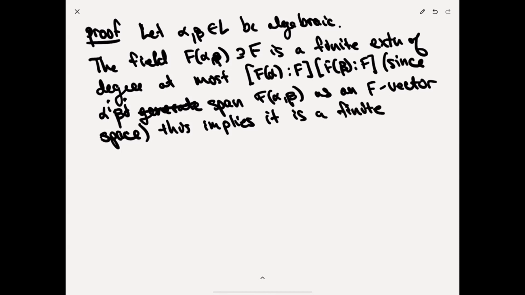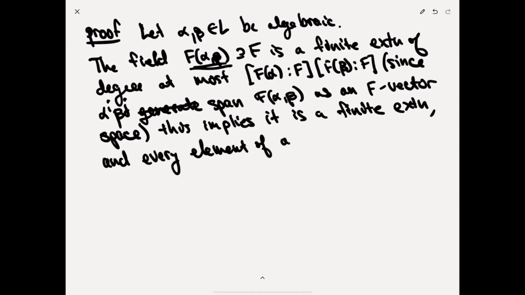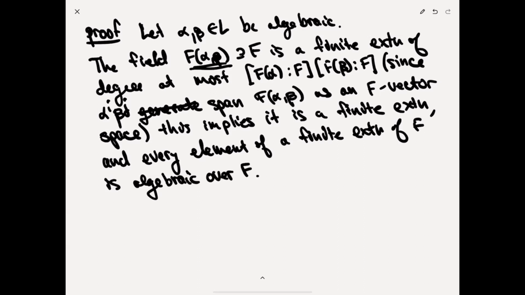So by it, I mean this field here. It is a finite extension, and hence every element of a finite extension of F is algebraic over F, as we saw before. That was one of the first things we proved. Okay, so that's the proof of this statement.